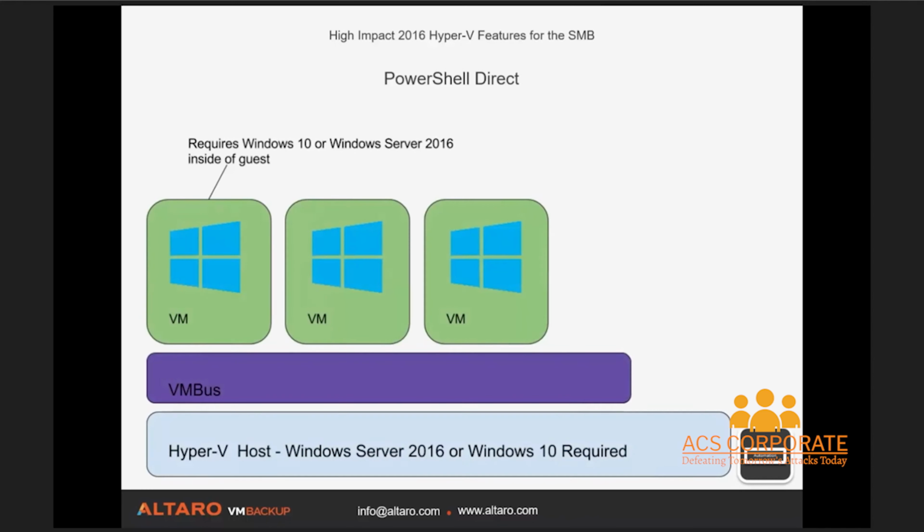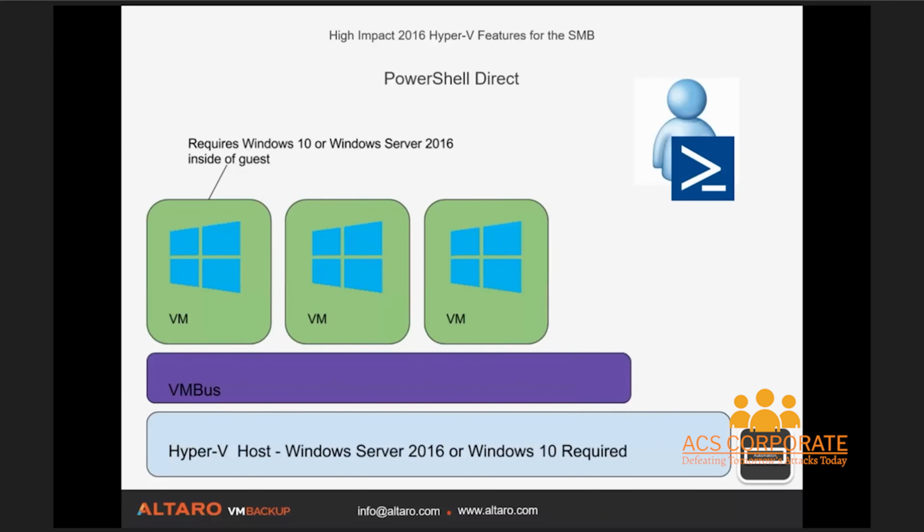So essentially what PowerShell Direct does is it works very similarly to PowerShell remoting, in that it allows you to execute PowerShell code on a remote machine. Only in this case, PowerShell Direct takes the networking component out of it. It sends that PowerShell script, that payload, across the virtual machine bus of the hypervisor.